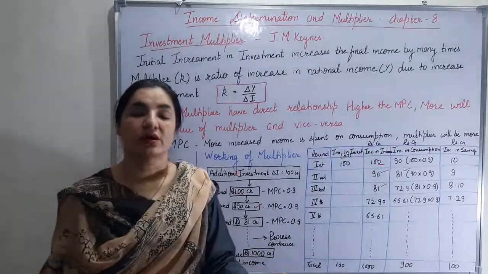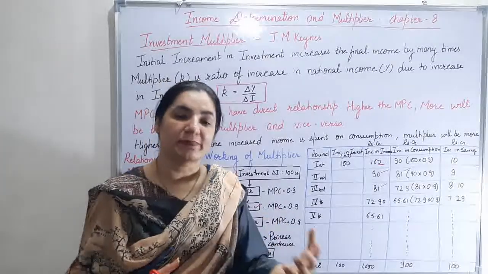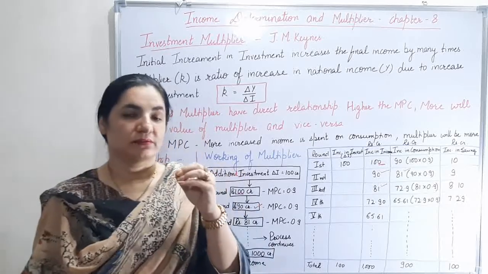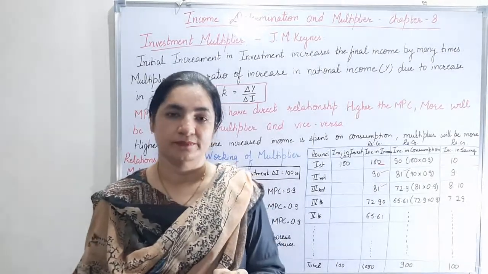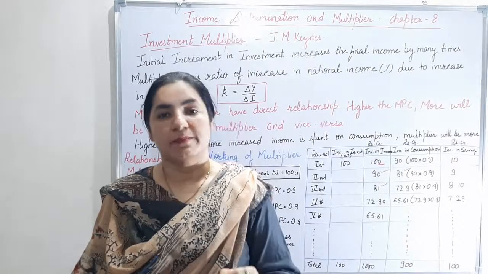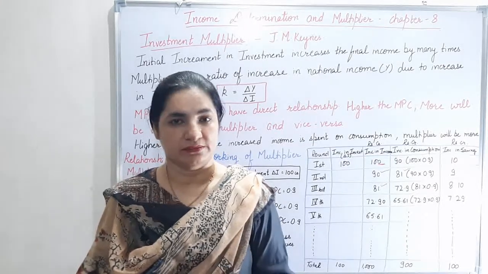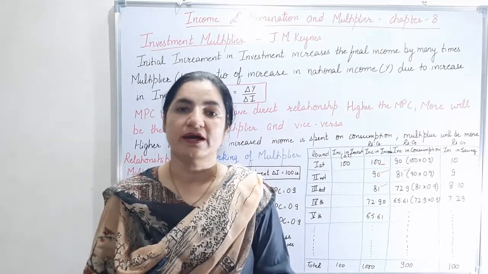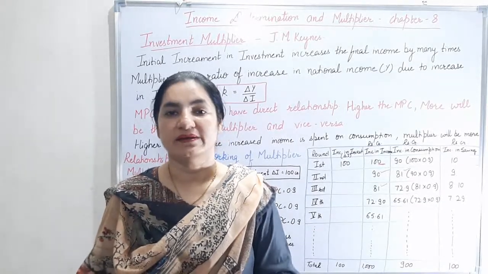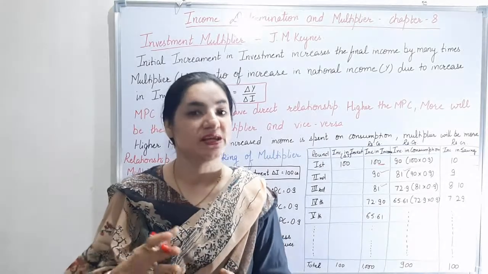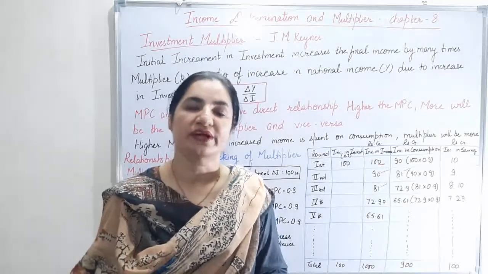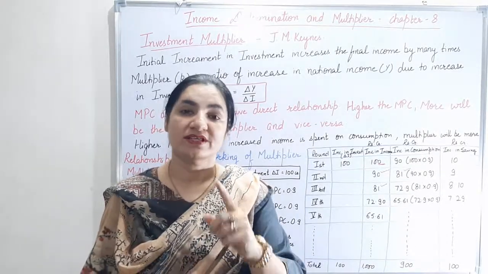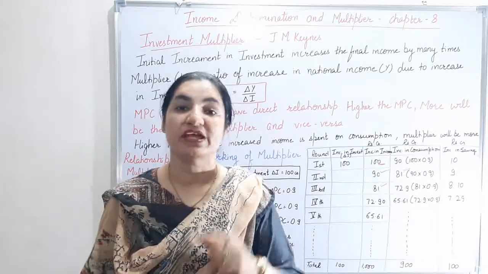Now before looking at how the multiplier works practically in the economy, I will make you understand one more thing. If MPC is 1, it means the entire additional income is consumed and nothing is saved. That is, the additional income is not saved; the whole of the additional income is consumed. At that time MPC is equal to 1 and you will see that the value of the multiplier will be infinite.